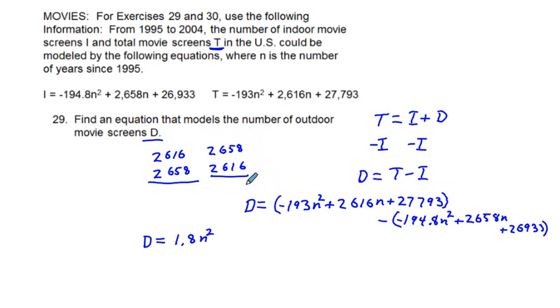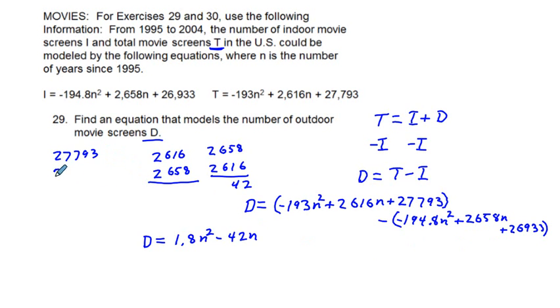So 8 minus 6 is 2, 5 minus 1 is 4, so that's going to be 42. That'll be 42n, so minus 42n. And finally we have this 27,793, I'll write this over on the left here, minus 26,933.